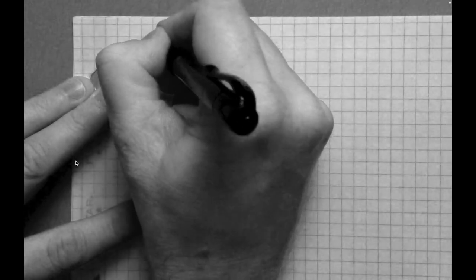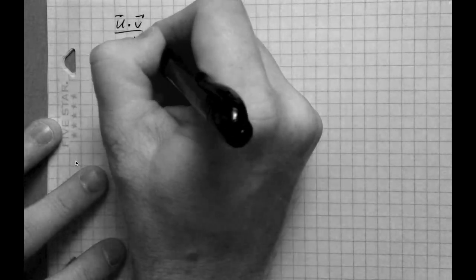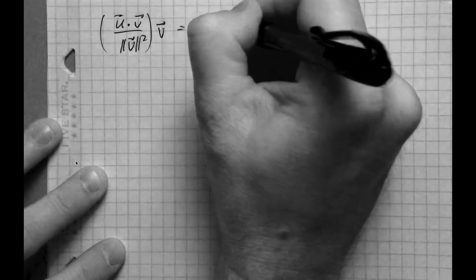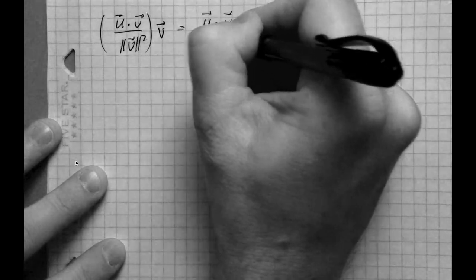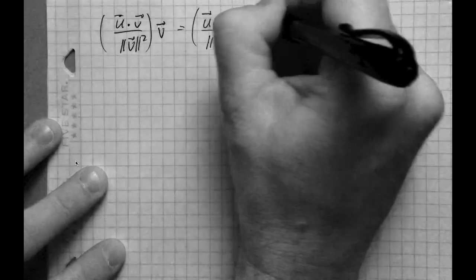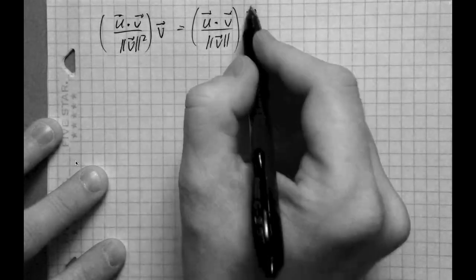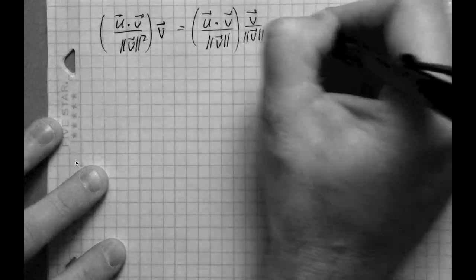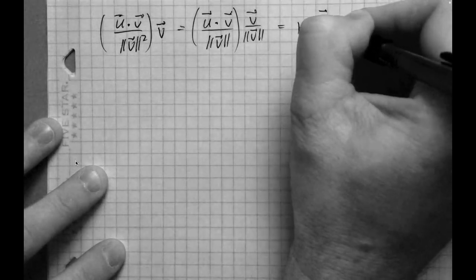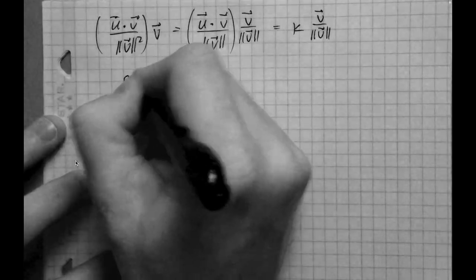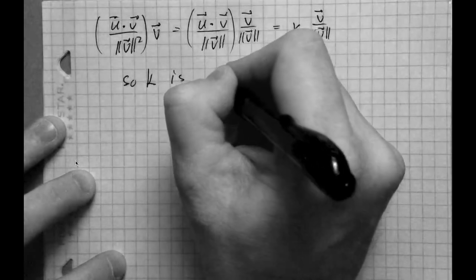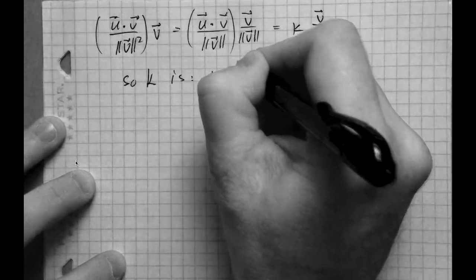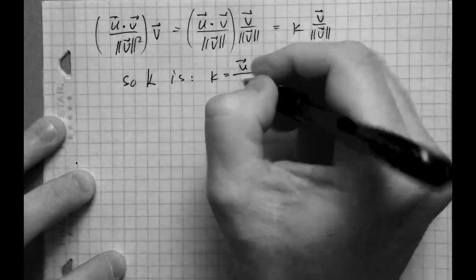Okay, so let's flip pages here and recap this. All right, so U dot V over the norm of V squared times the vector V. All right, that is U dot V over the norm of V, right, times V over the norm of V. Right, so this is a unit vector. This is the scalar K. Okay, and so K is U dot V over the norm of V, right?